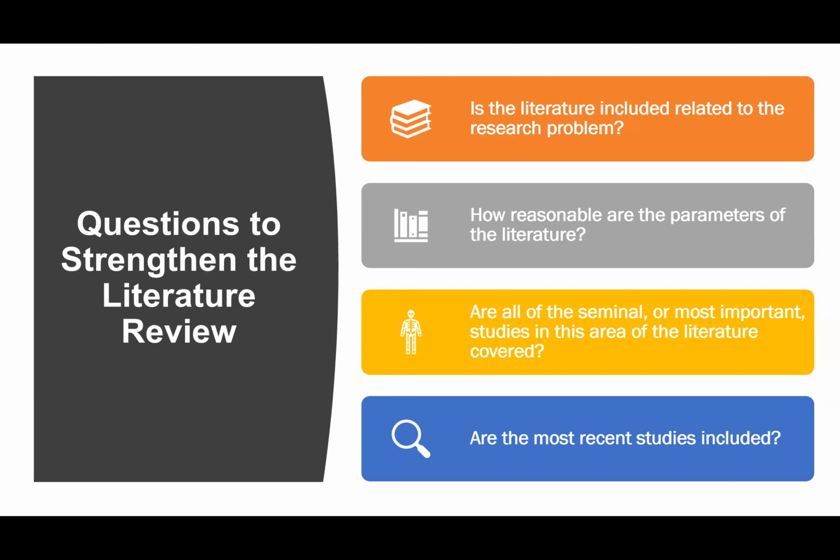So, for instance, let's say that I wanted to look at retention strategies for NAIA student athletes. Well, probably not going to find a lot on that, but you can likely find a lot about just retention strategies in general, or maybe retention strategies in Division I athletics, and those are fine.